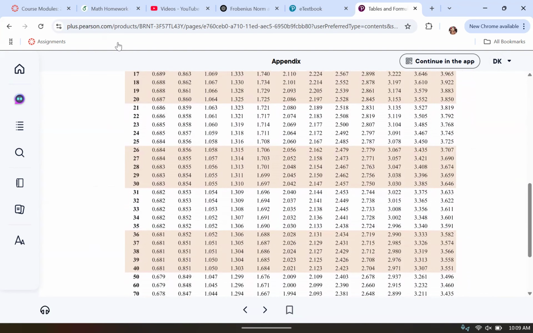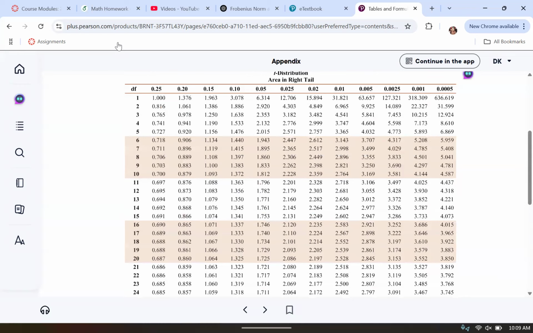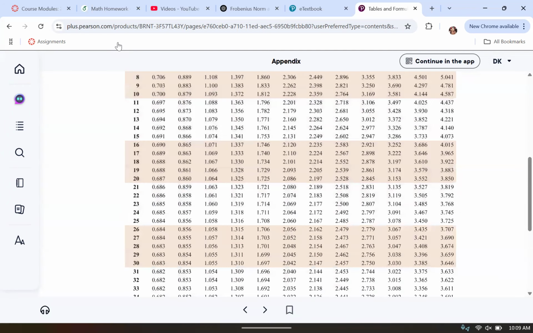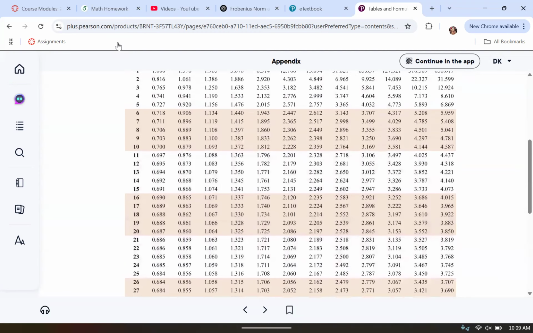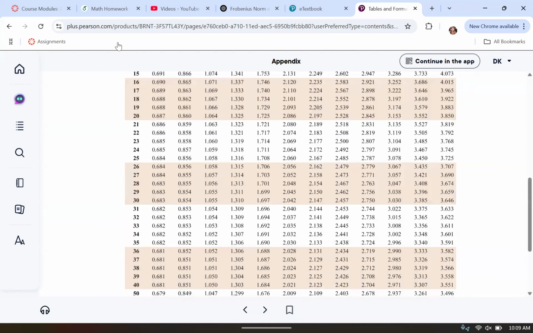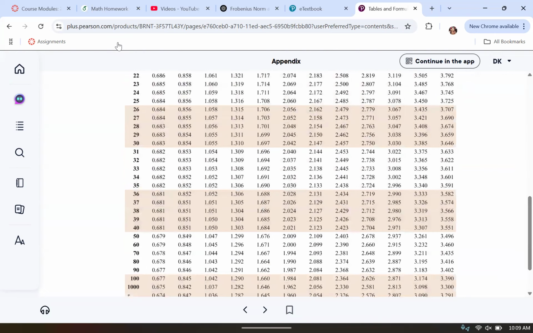My t-crit is, what column am I on? This is easier on a bigger screen. I'm on this column here. Okay, so my critical value is 1.684.